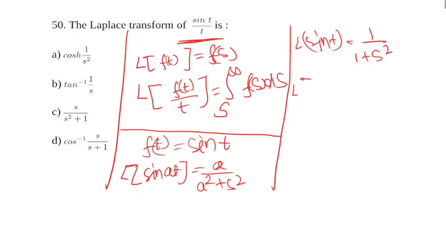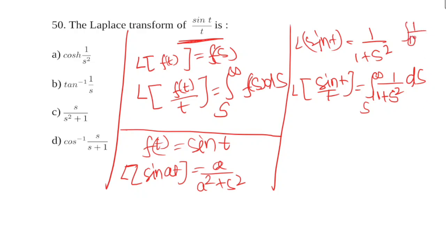Now the Laplace transform of sin t by t is the integral from s to infinity of 1 by (1 plus s square) ds, and we know the integral of 1 by (a square plus x square) dx is tan inverse x by a.